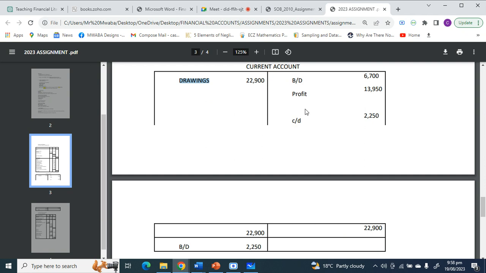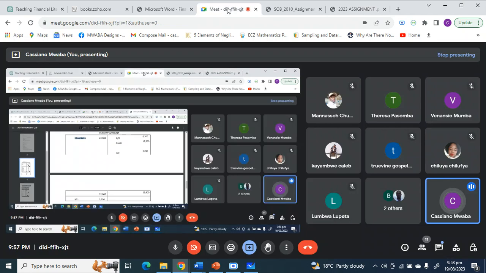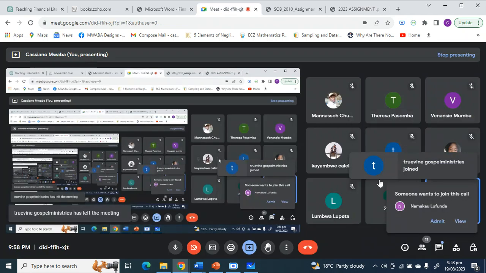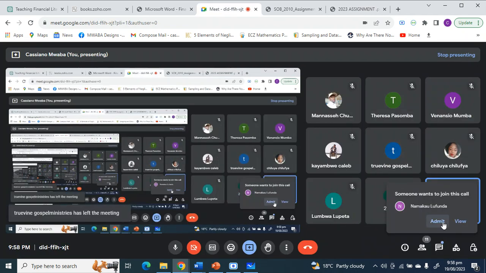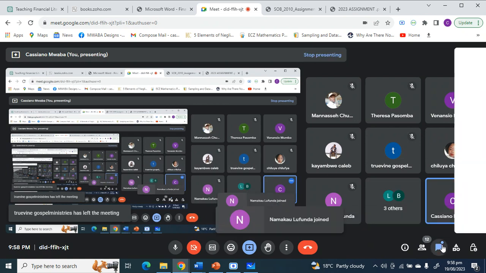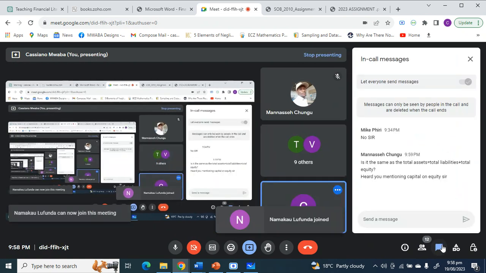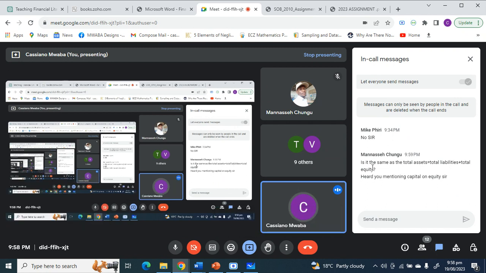So our balance carried down will be brought on the credit side. Yes, Mr. Manasseh, total assets equals total liabilities plus total equity or total capital. Equity is when you are dealing with a company. Capital, so trade.